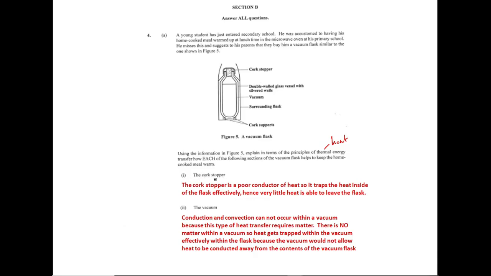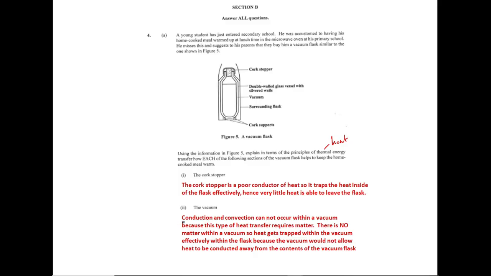Okay, so the cork stopper, first of all, think about it. The cork stopper is a poor conductor of heat, so it traps the heat inside of the flask effectively, hence very little heat is able to leave the flask. Now the vacuum, think about a vacuum. Light travels through a vacuum, right? That comes from radiation.